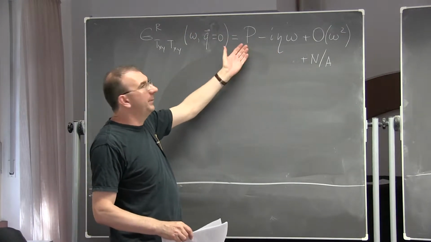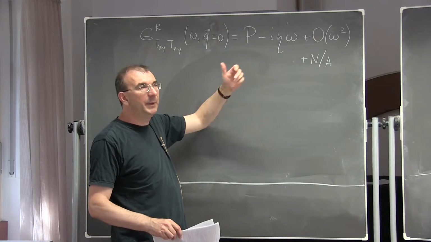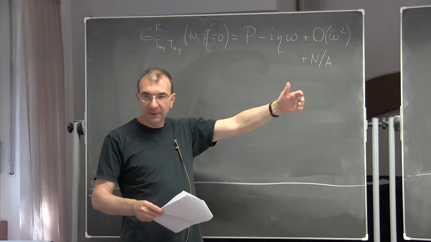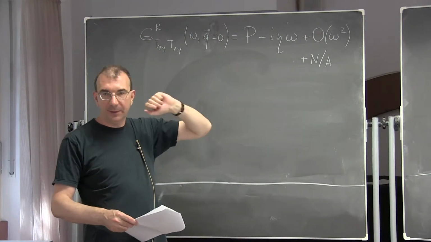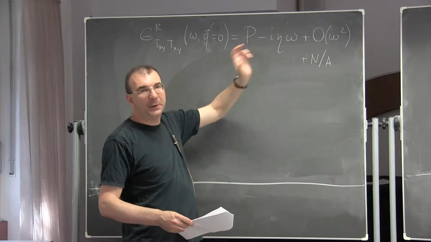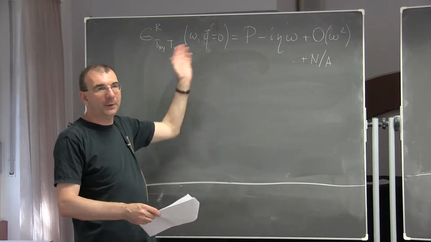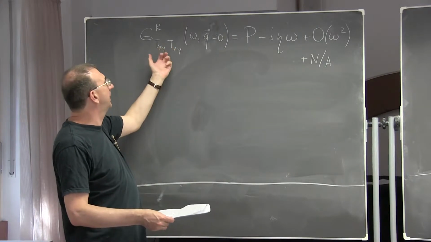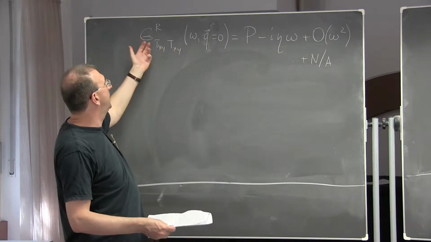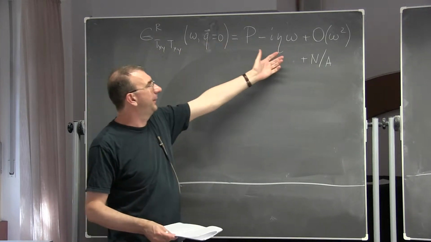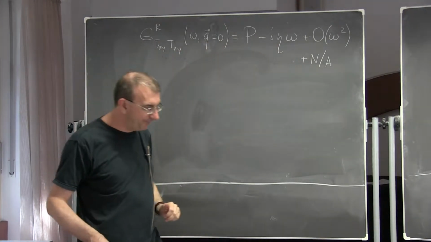And then the first term in this expansion should be constant, and moreover, it must be equal to pressure, which you can also calculate by other means, independently from partition function. But the second term will be proportional to shear viscosity. And you can write down the Kubo formula, expressing eta directly through G retarded. But this line is enough to read off viscosity if you know the left-hand side.